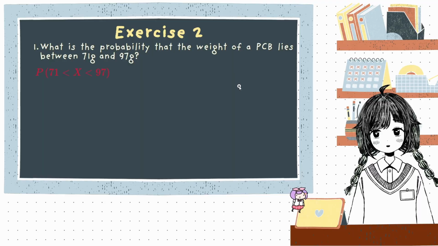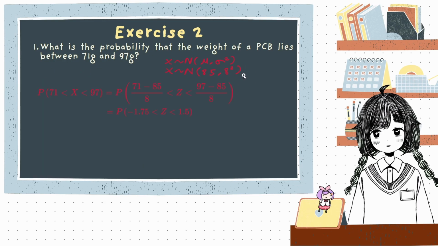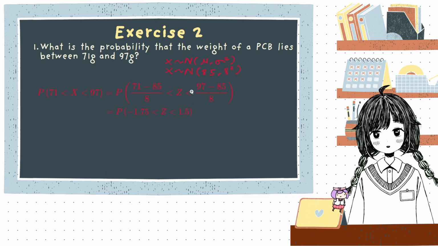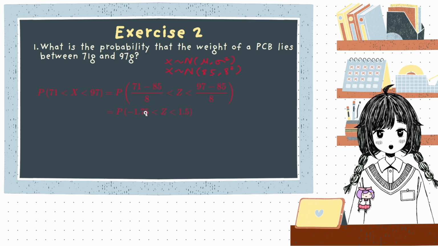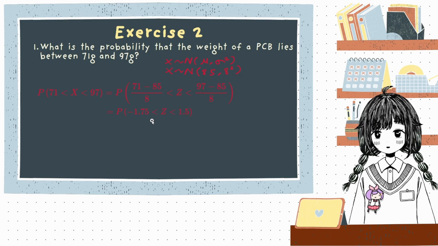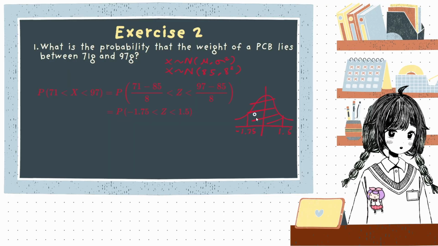So we insert the values into the equation and we get Z is between -1.75 and 1.5. Graph it and it should look like this one.